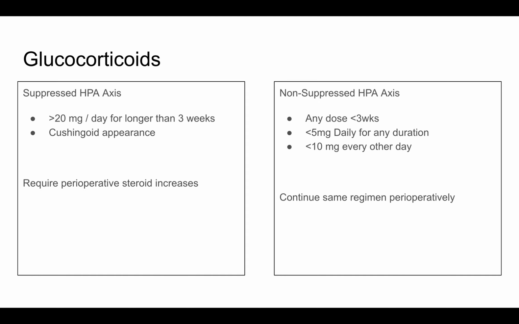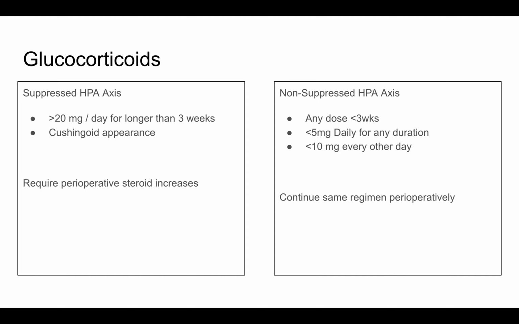So glucocorticoids, this is one that I think is a little bit difficult to deal with at times, so I spent a little bit more time on this one. For these patients, anyone on steroids, they kind of fall into two categories. Well, I guess there's three, but we'll get to that. Either they are at risk for a suppressed HPA axis or they're not.